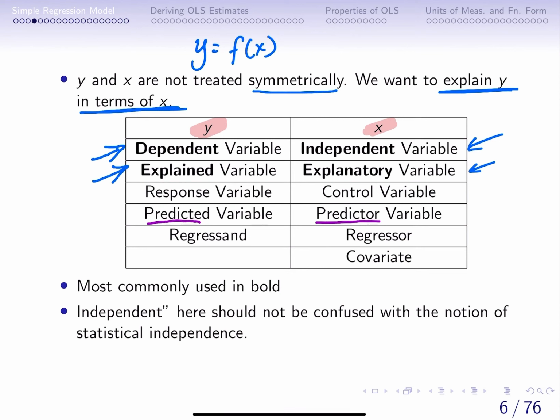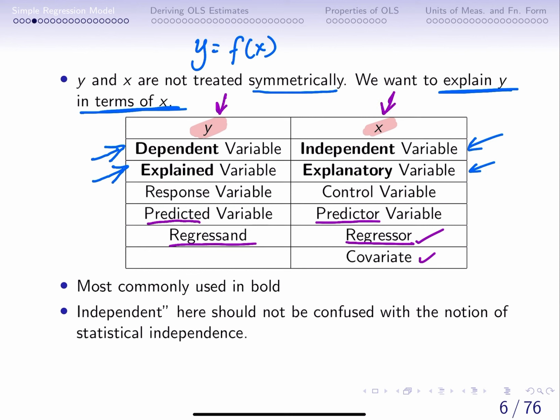And finally, if x is the regressor, y is the regressand, okay? So regressor is also something we use pretty often, right? And if you have a bunch of x's, you can call them covariates, or if you have a single x, you can also call it the covariate, okay? So these are the commonly used terms, so don't get confused. They all mean the same thing, referring to y or x.